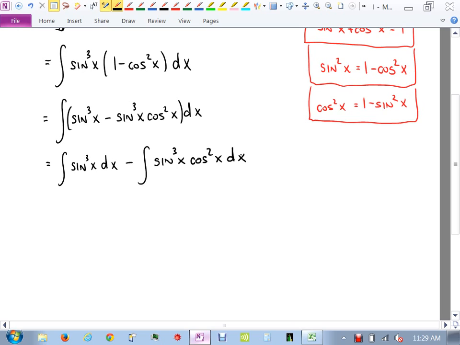Now what? Yeah, let's do that sine cubed, doing what we just did. So that first one becomes the integral of sine x times sine squared x dx minus the other integral, watch this, sine x sine squared x cosine squared x dx.